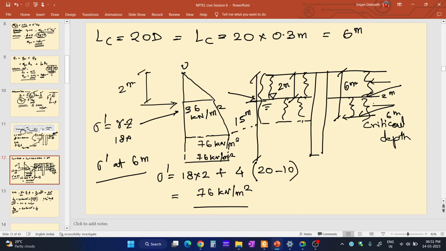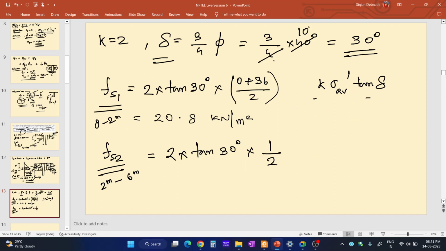So we need to take the average of 36 and 76, half of 36 plus 76. If we calculate this, we will get the unit skin friction resistance along that part to be 64.7 kilonewton per meter square.